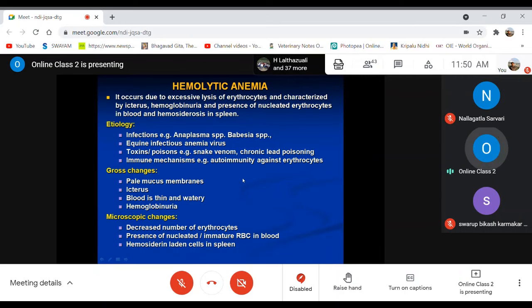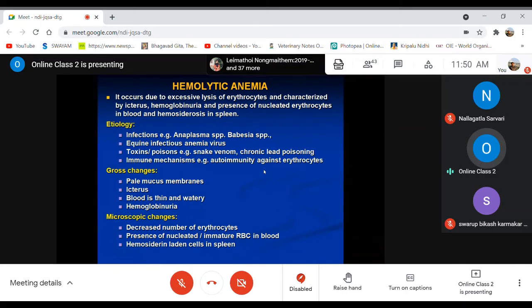Mostly it is caused by many infectious conditions like Anaplasma, Babesia infections, equine infectious anemia virus, as well as toxicities and poisoning cases like snake venom, chronic lead poisoning, or immune mechanisms, as we have already discussed about autoimmune hemolytic anemia.